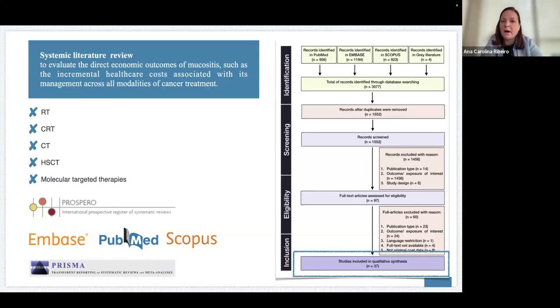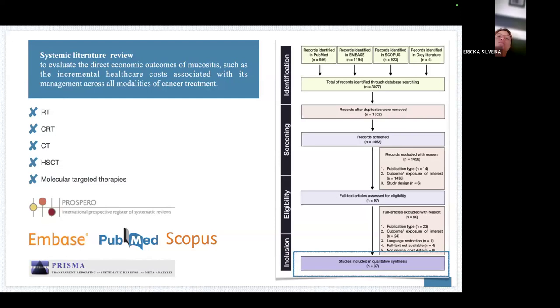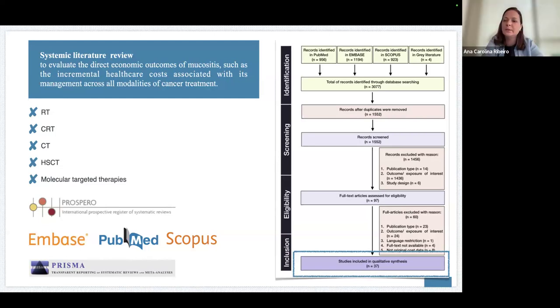With this clinical burden in mind, our systematic review aimed to evaluate the direct costs associated with mucositis management across the different cancer treatments. The review followed the PRISMA statement, and we included 37 studies.